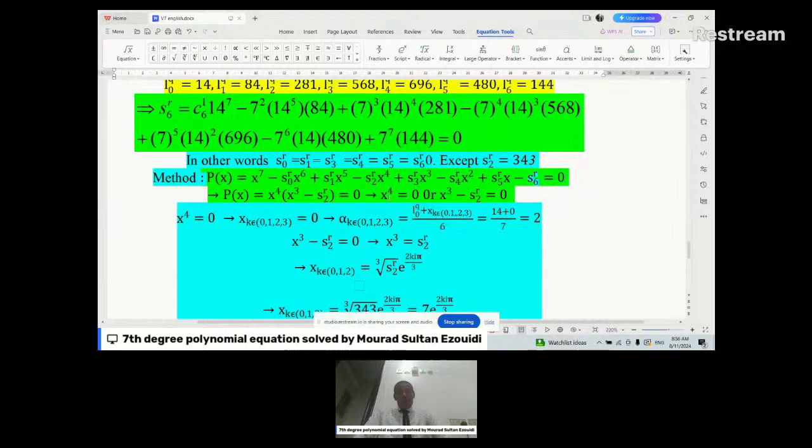For example, suppose x2 is the root that has order of multiplicity 4, I mean x1 equals x2 equals x3 equals x4. The x root has 4 as its order of multiplicity.